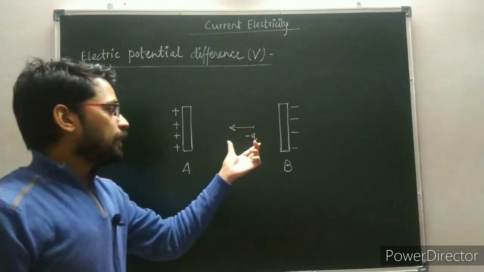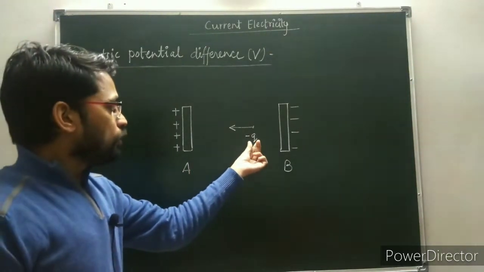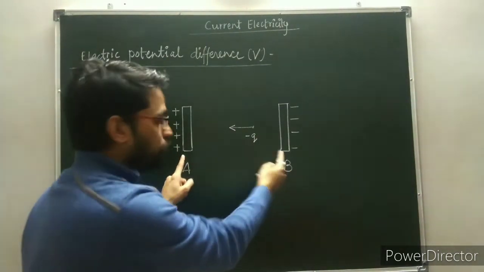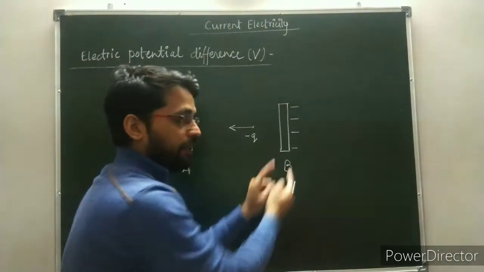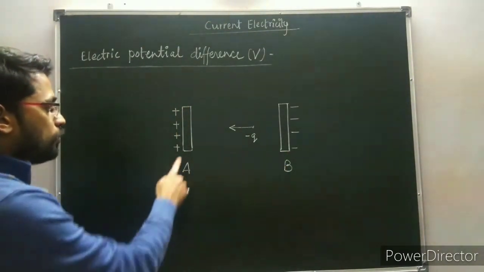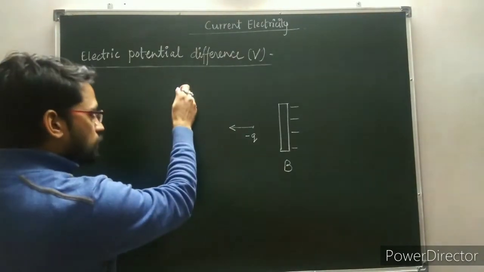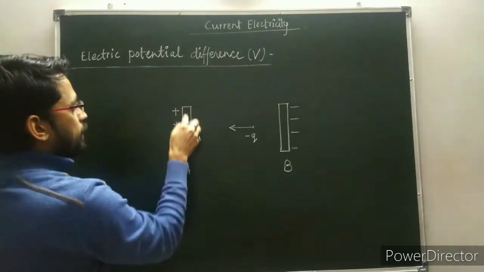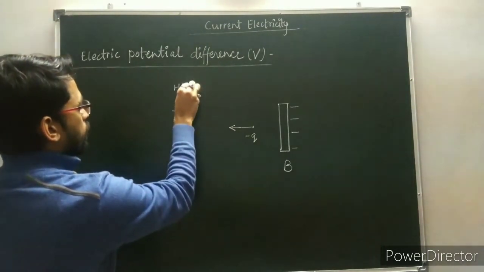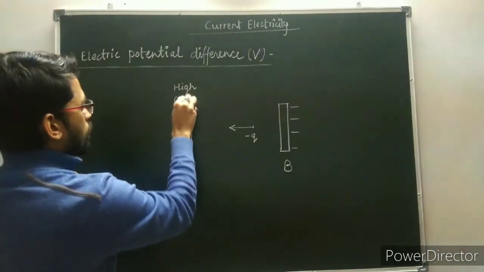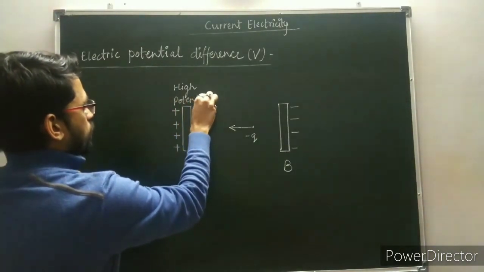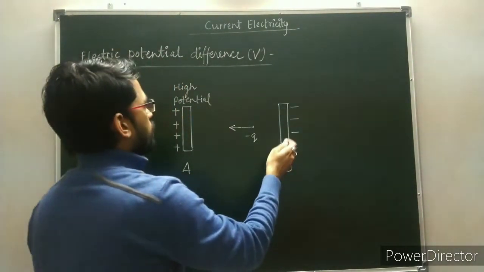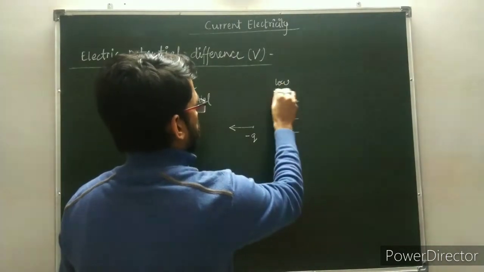So you see that to move a charge you need two plates, one positively charged and the other negatively charged. The positively charged plate is known as the plate at high potential, and the negatively charged plate is said to be the low potential plate.